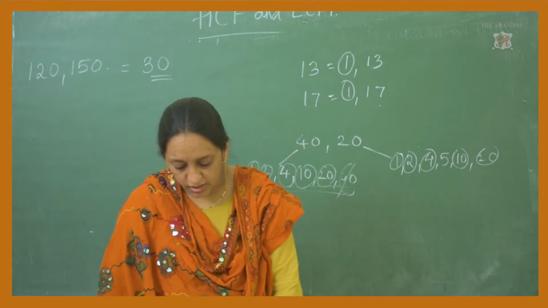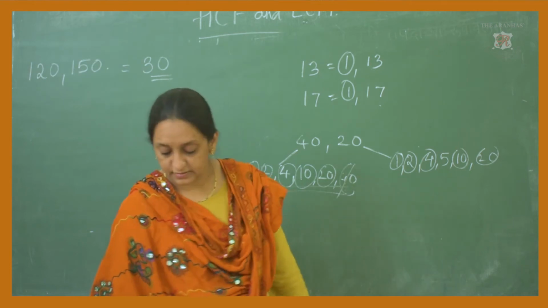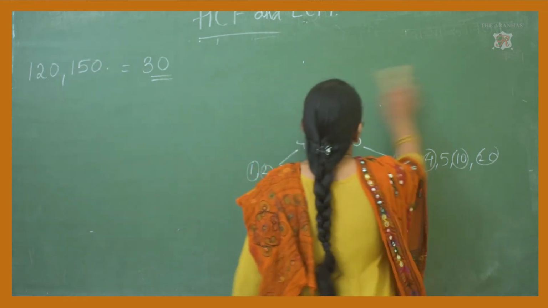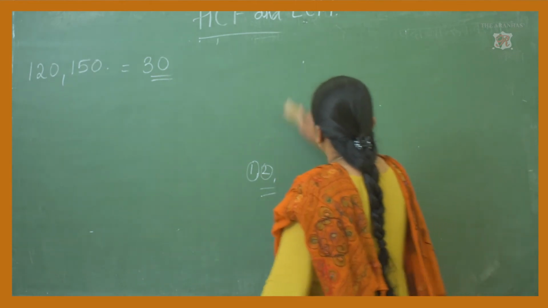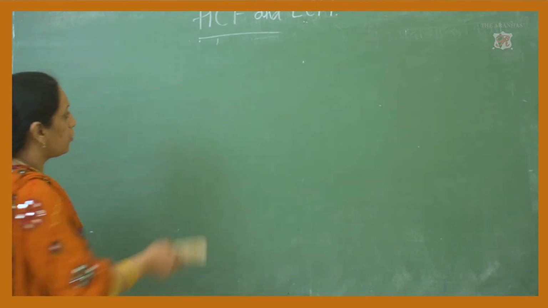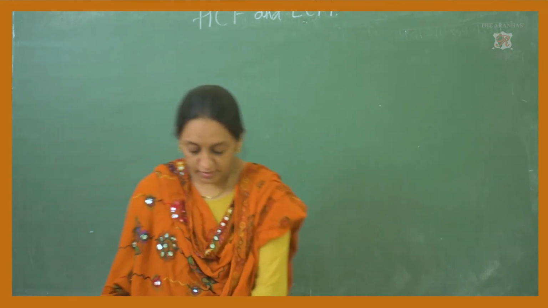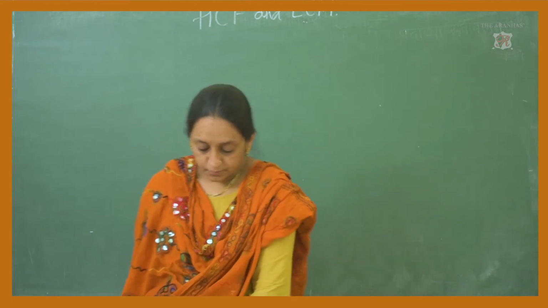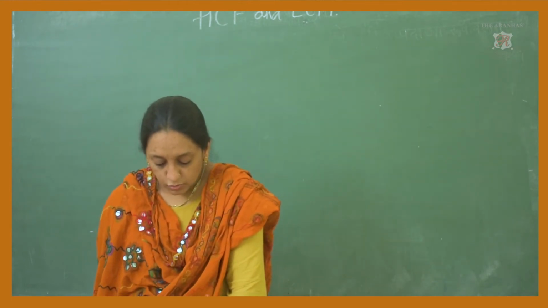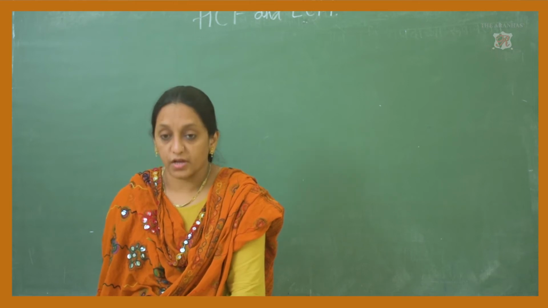Now question number 2 they have given: find the HCF and LCM, in practice set number 14, students. I hope you have understood this, so you can go on your own to find the HCF and LCM of the given numbers. Question number 3 is only find the LCM. In that also they have given 5 numbers.